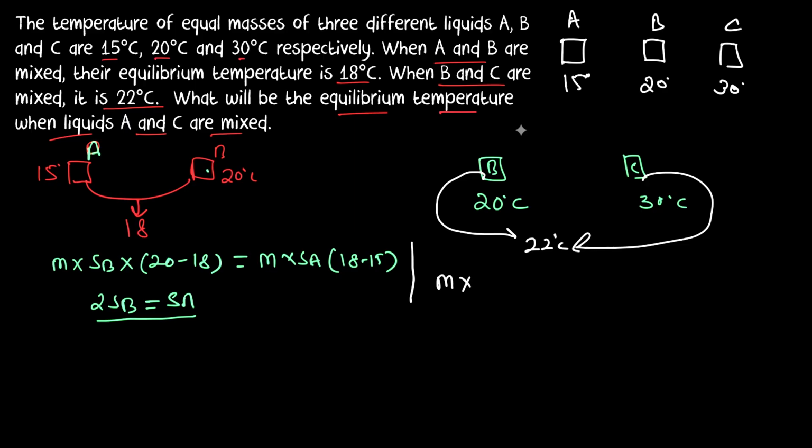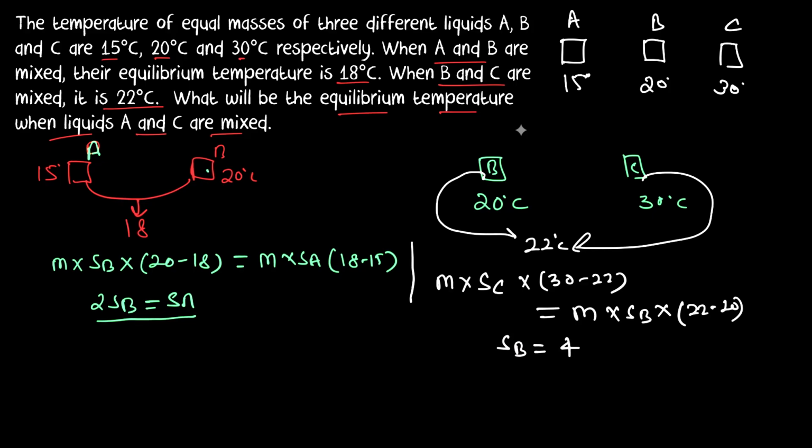Mass of C into specific heat of C into 30 minus 22. And what will be the heat gain by B? Mass of B into specific heat of B into 22 minus 20. Now if I solve these two, I will get SB is equal to 4 times SC.